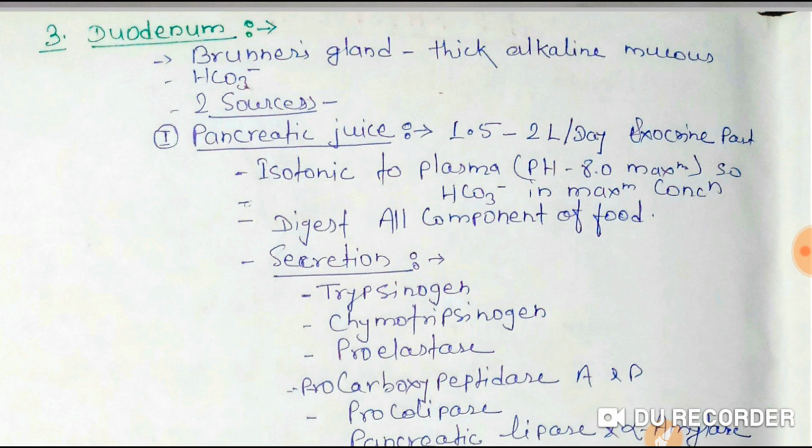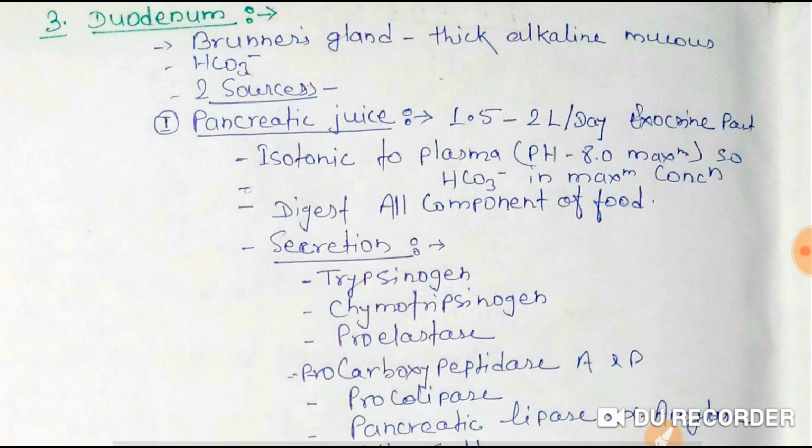First, pancreatic juice. The pancreatic juice secretion is 1.5 to 2 liters per day. Mainly here we describe the exocrine part; the endocrine part is described in the endocrine section.